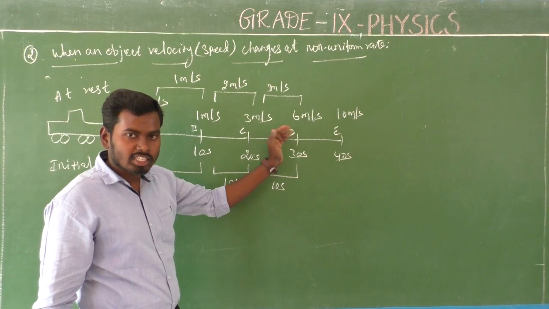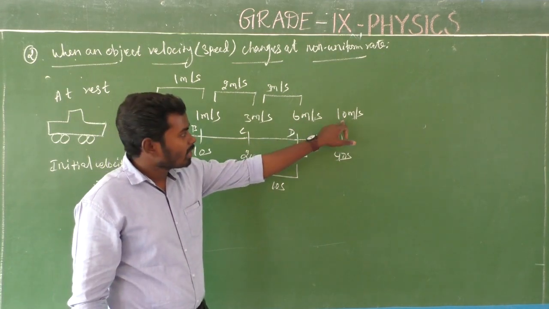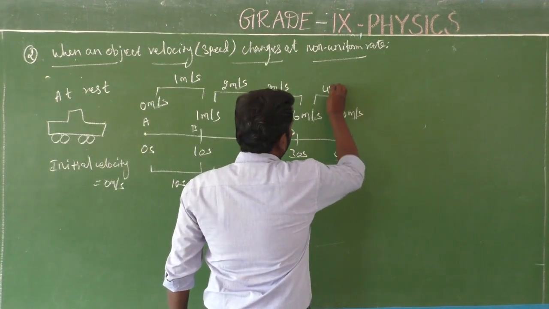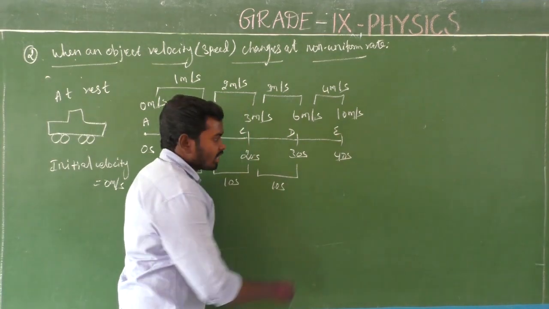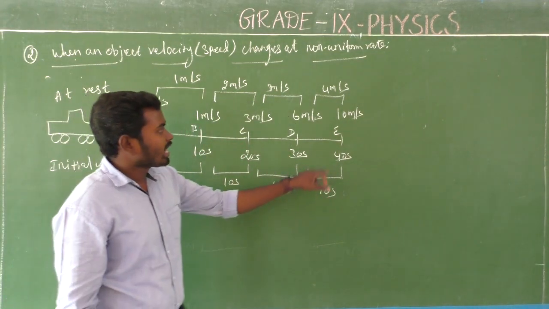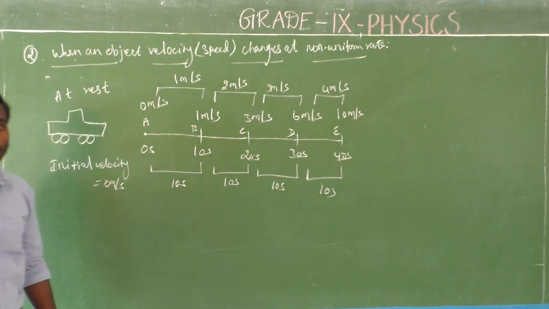Here, which is the initial velocity and which is the final velocity? 10 is the final velocity and 6 is the initial velocity. So 10 meters per second minus 6 meters per second is equal to 4 meters per second. So in the last 10 seconds, the velocity of the object changes at the rate of 4 meters per second. How much? 4 meters per second.